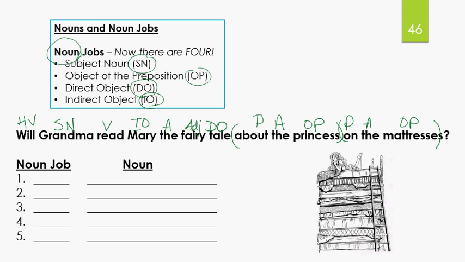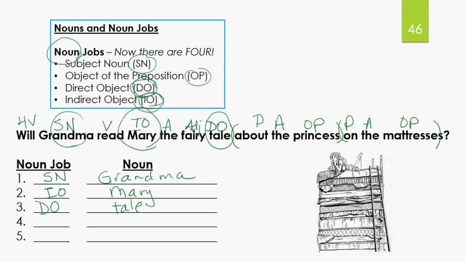So let's look at the first one. Noun job. We know that subject noun is a noun job. So what is your subject noun in the sentence? Grandma. Okay, next word, Mary, IO. We know that indirect object is a noun job. So we're going to write indirect object, Mary. Keep going down the sentence. DO. We know that direct objects are a noun job. DO is the label.